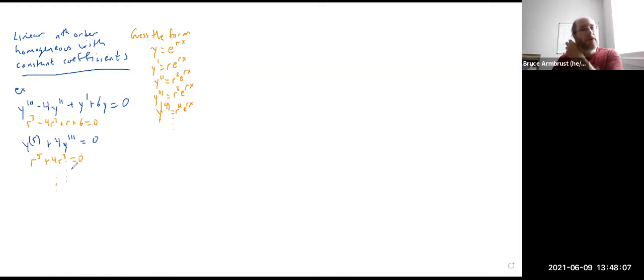When we were first talking about this, I showed you a little chart with multiply by t to the n, where n is the number of times that it repeats. When that first came up, that was silly because the only time it ever repeated was with second order, and it was twice, so it was just times t. But that was put there so that when we get here and you go, oh, I got that same root 5 times, just keep multiplying by t until you get 5 linearly independent functions.